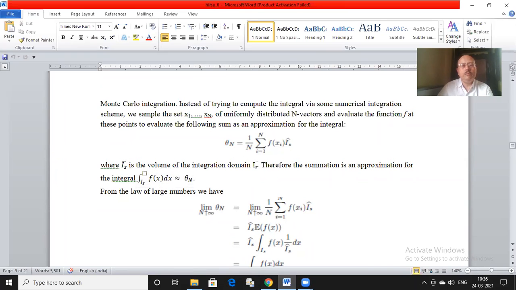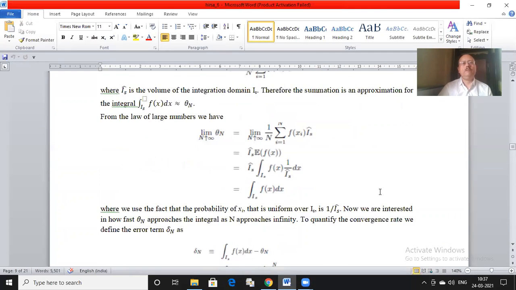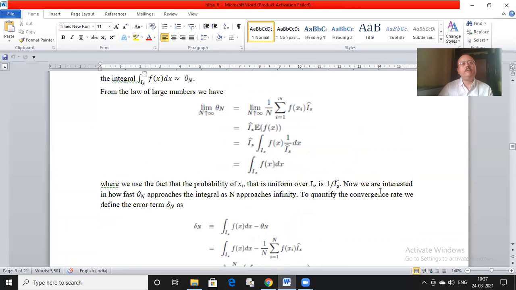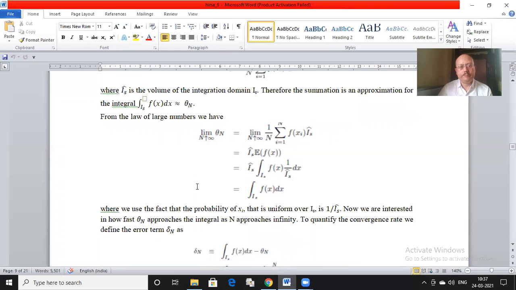If it's a unit cube, then it's not a problem, but sometimes we look at arbitrary dimension, arbitrary lengths. So we need to also take care of the volume. And this is our approximation for the integral. So we say that the integral of f(x) dx is approximately equal to this theta N, this arithmetic average. Now, what are we using here? We are using the law of large numbers.